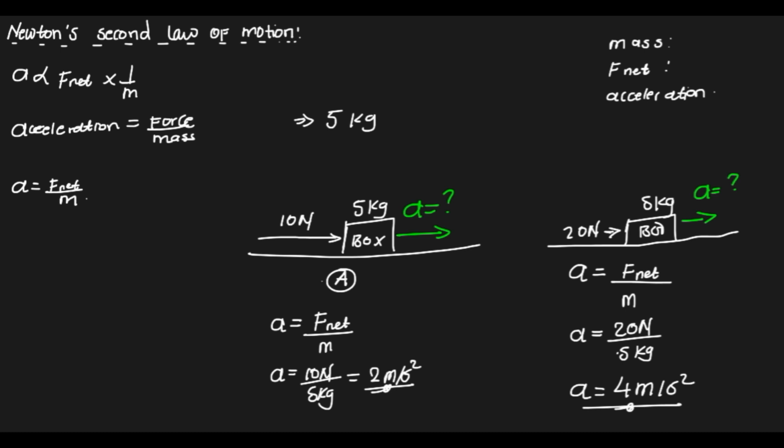So what happened is the first value of the force on part A is 10 newtons. So what we did is we just doubled the force. So 10 multiplied by 2 gave us 20 newtons. We can also see that the first acceleration, the acceleration of the first part, is 2 meters per second squared. Then it also doubled.